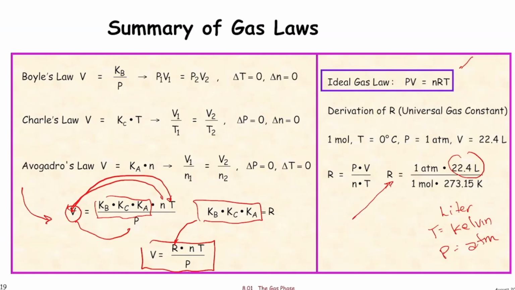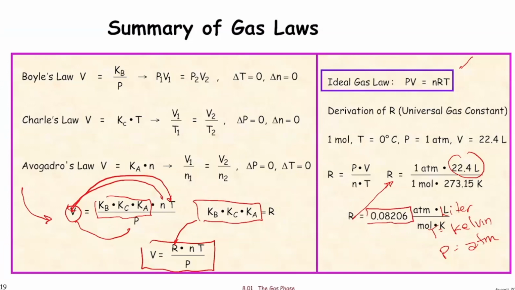And of course, the amount is always expressed in moles. That's a must. And when you use those units, then that constant R, the universal gas law constant, is 0.08206. So you need to memorize this number when you do PV equals nRT.